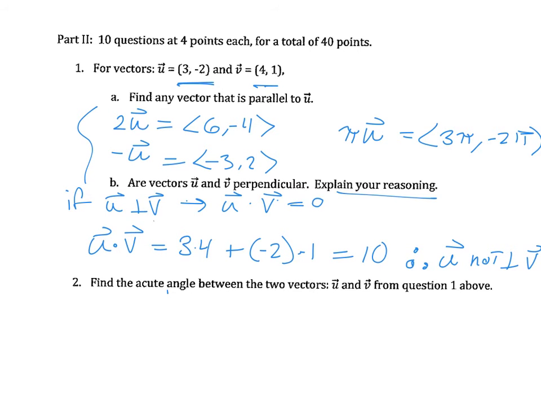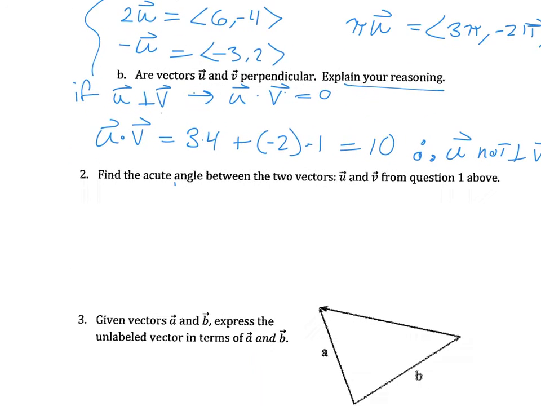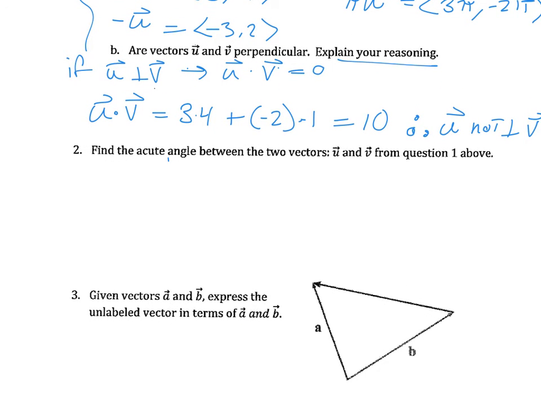However, now that we know they're not perpendicular, we can go and find the angle between them. To do that, we'll use this definition of dot product that says it's equal to the magnitude or length of u times the magnitude of v times the cosine of the angle between them, which we happen to know is 10, because we used this alternate method for calculating the dot product.